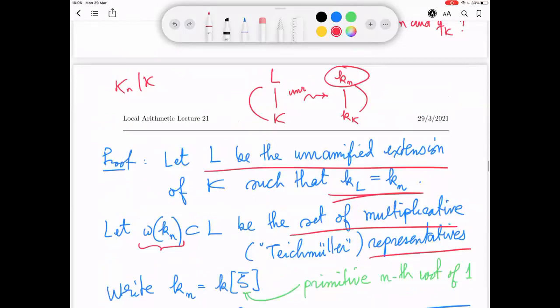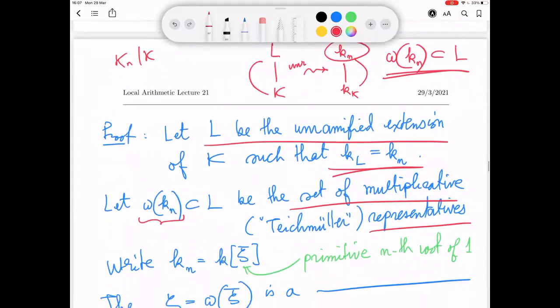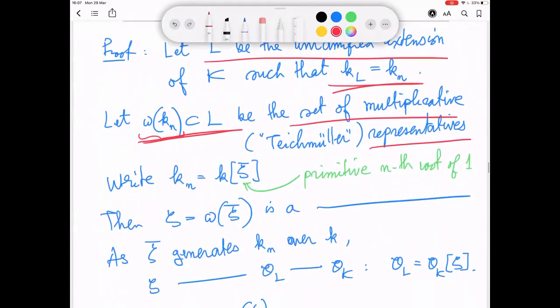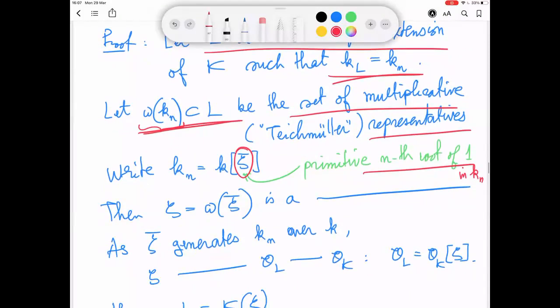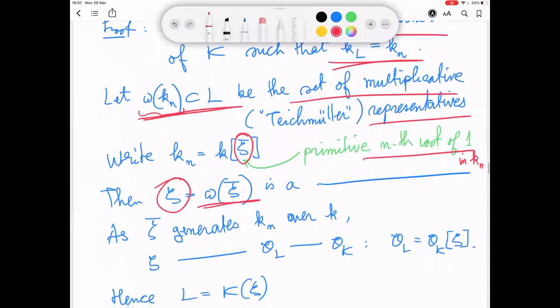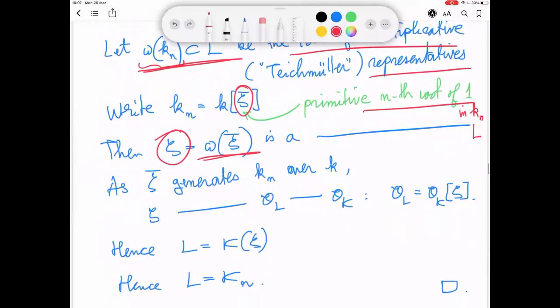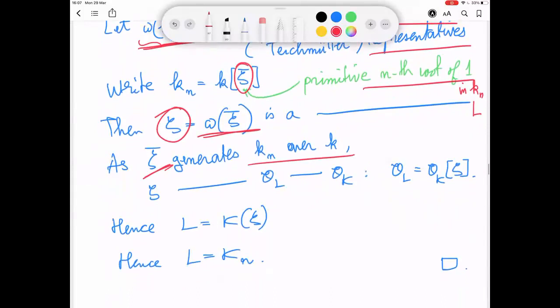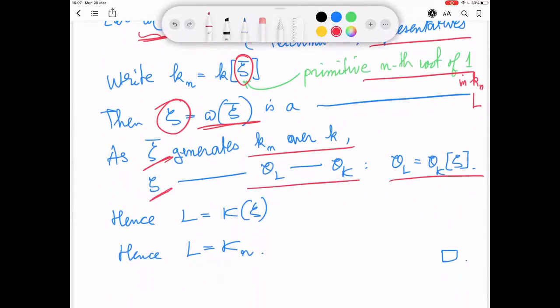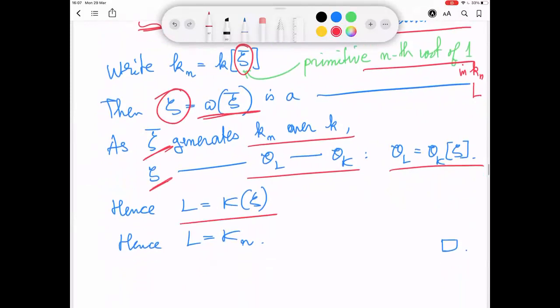So if this k_n is the residue field of L, then k_n, of course, is not contained in L, but it has these multiplicative representatives inside L. And so if I choose a primitive nth root of unity zeta bar in k_n, then omega of this zeta bar, let's call it zeta, is going to be a primitive nth root of unity in L. But as this zeta bar generates k_n over k, this zeta will generate the ring of integers of L over O_K. So O_L is O_K[zeta], and therefore L is equal to K(zeta).